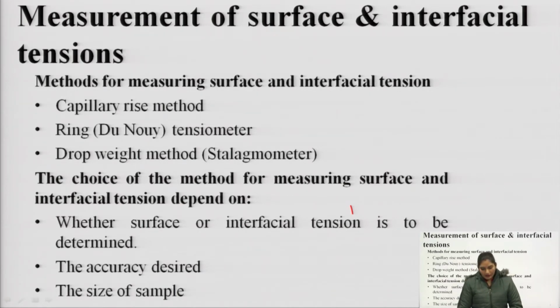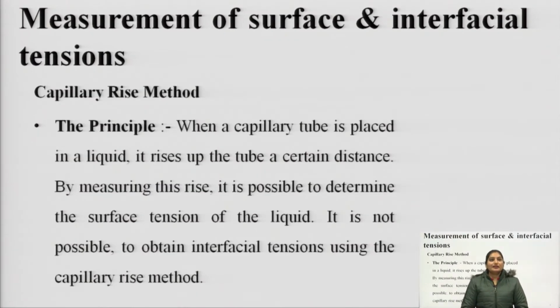Okay. So, first of all, the capillary rise method. The capillary rise method is the most appropriate and the most accurate method that is chosen for the measurement of surface tension.